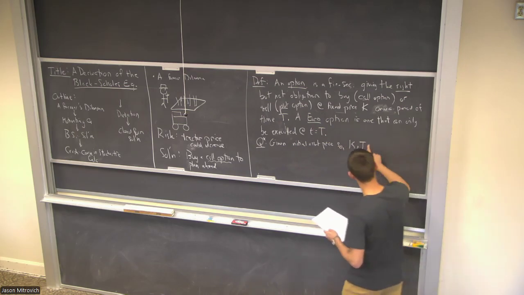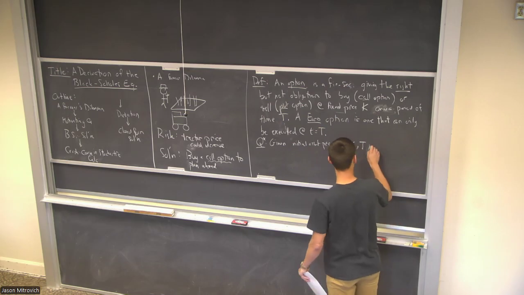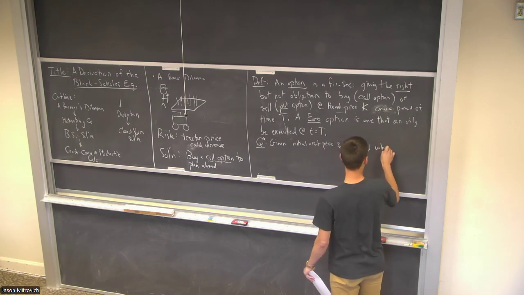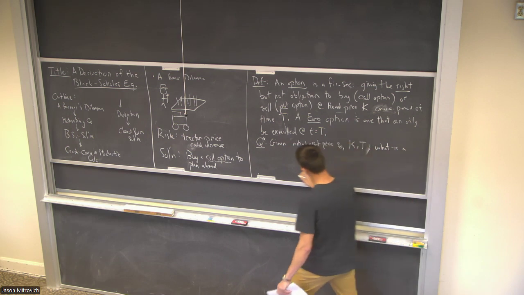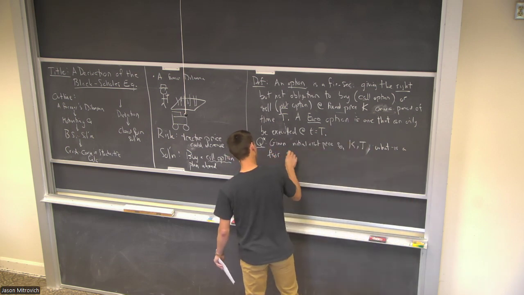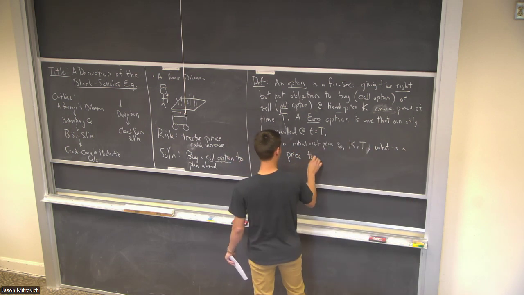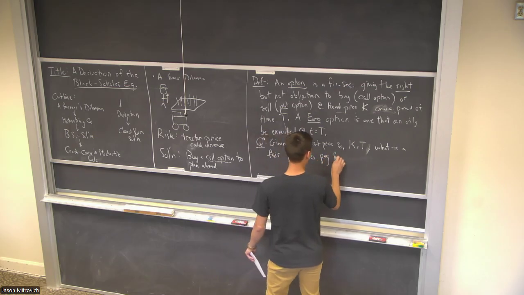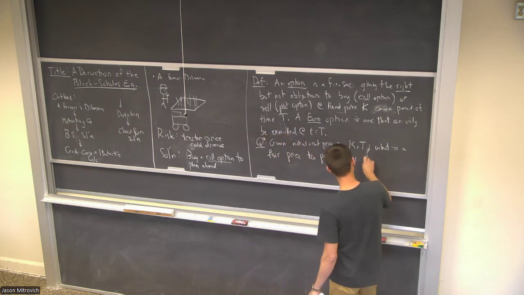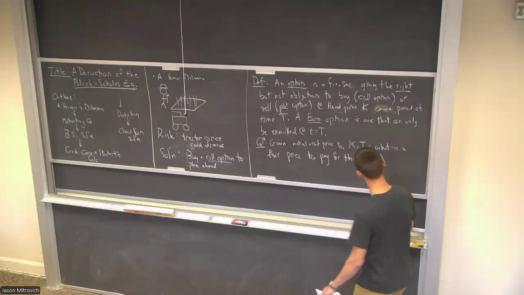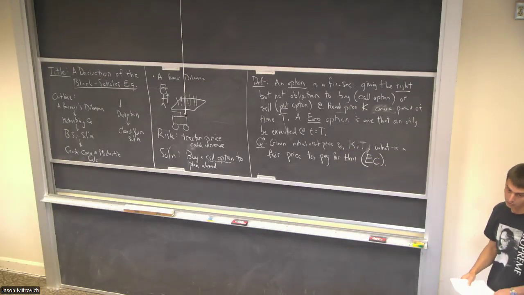Solid. All right. Question: given these variables, what is a fair price to pay for this? I'm going to call it a European call, EC in parentheses, so I don't have to keep writing European call over and over again.